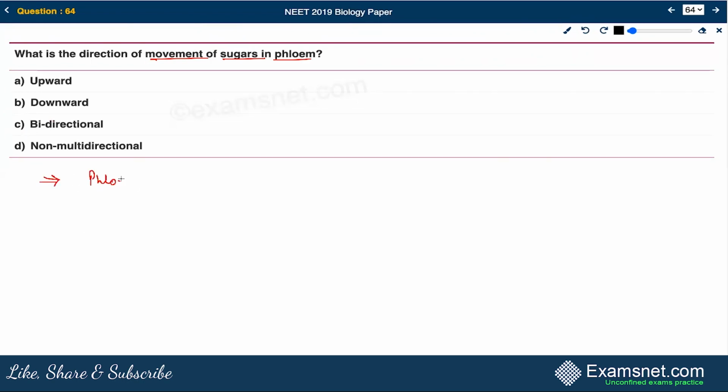Phloem is a complex permanent tissue that helps in translocation of sugars and other food as well.